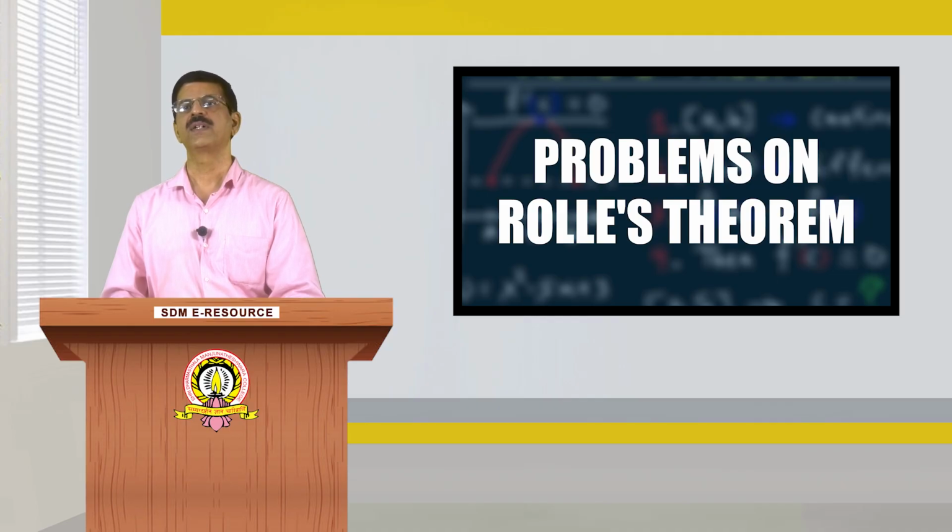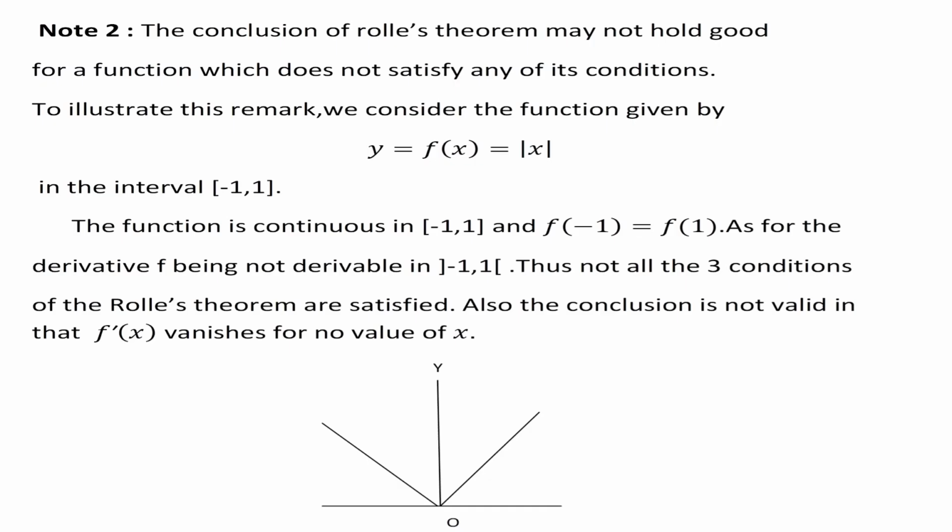Now, another case, which I have given as note 2. In note 2, Rolle's theorem may not hold good for a function which does not satisfy any of its conditions. Consider an example here, y equal to f(x) equal to mod x, in the interval [-1, 1].